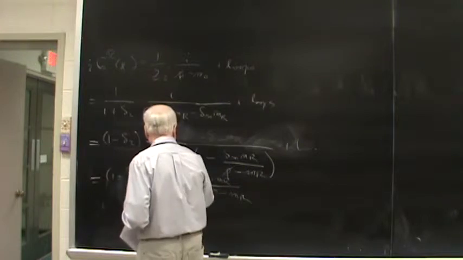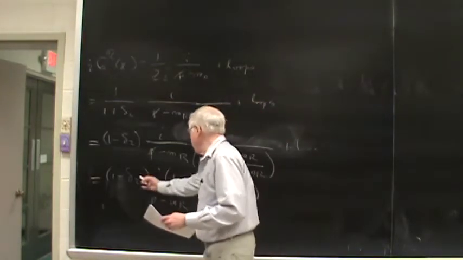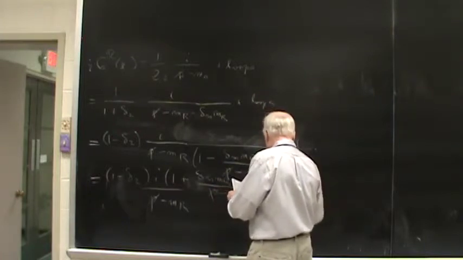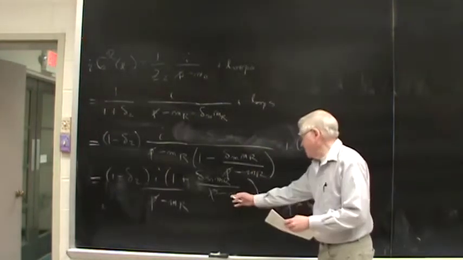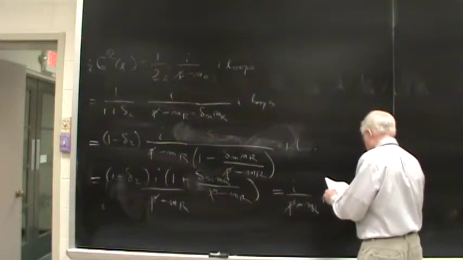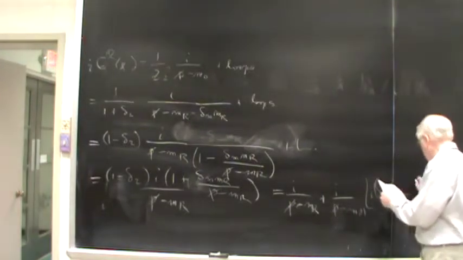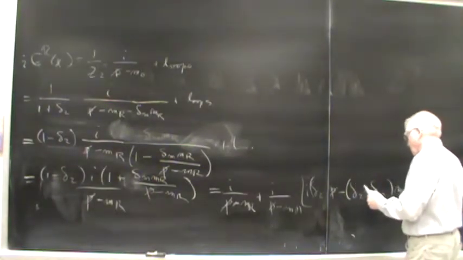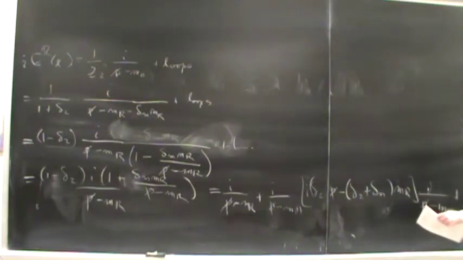It's 1 plus. Okay. So altogether then, we've got in the numerator these delta 2 and delta M, and this is then i over P slash minus MR plus, we've got 2 of these guys, so we have i over P slash minus MR, then we have i delta 2 of P slash minus delta 2 plus delta M times MR, i over P slash minus MR, plus loops.